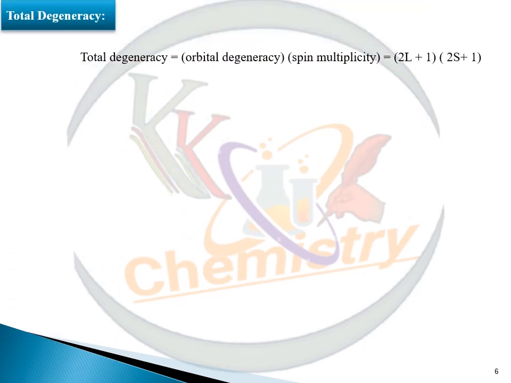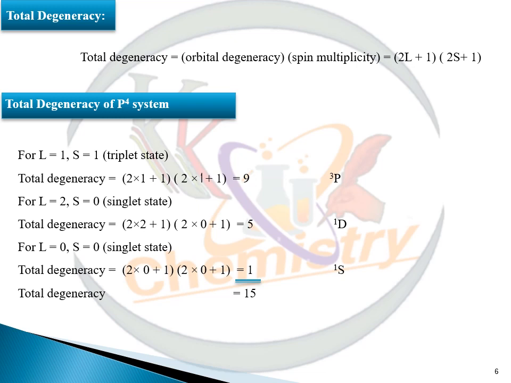The total degeneracy can be calculated as we have previously done. It is equal to the orbital degeneracy times the spin multiplicity. So just put the values of L and S. You can get 9 possible ways. It also shows that this one can be split in different ways.